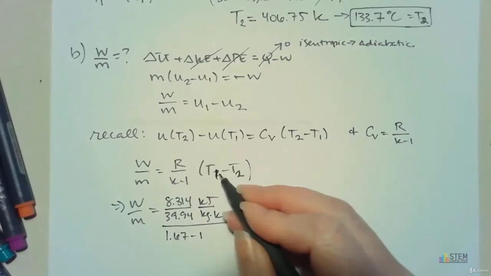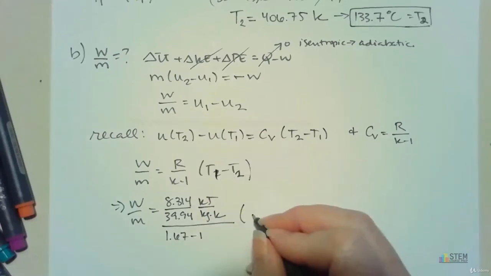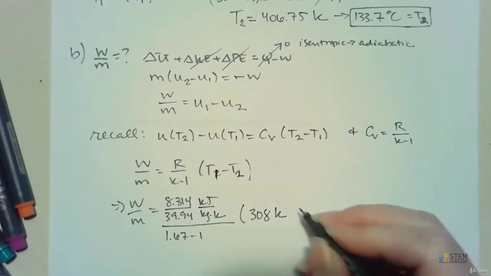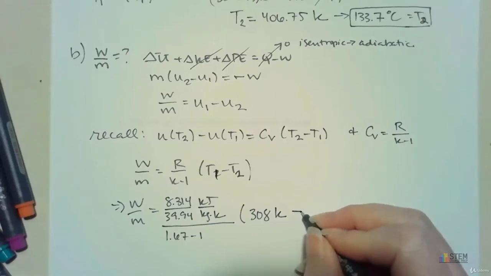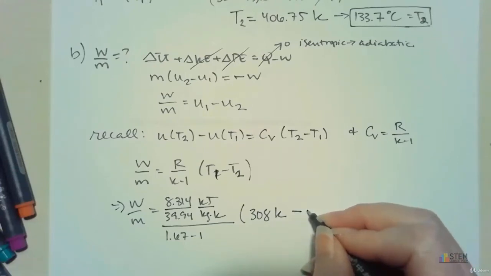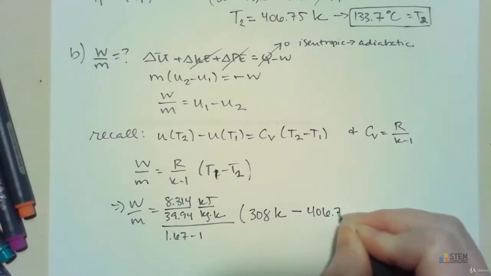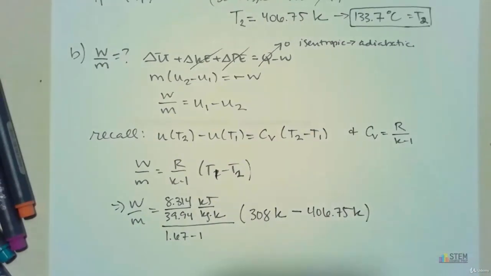And then we're going to multiply T1 minus T2. T1 is 35 degrees Celsius. We can't just put that in here. That's got to be converted to Kelvin, so that'll be 308. And then we will subtract T2. T2 was the 406.75, which is already in kelvins.